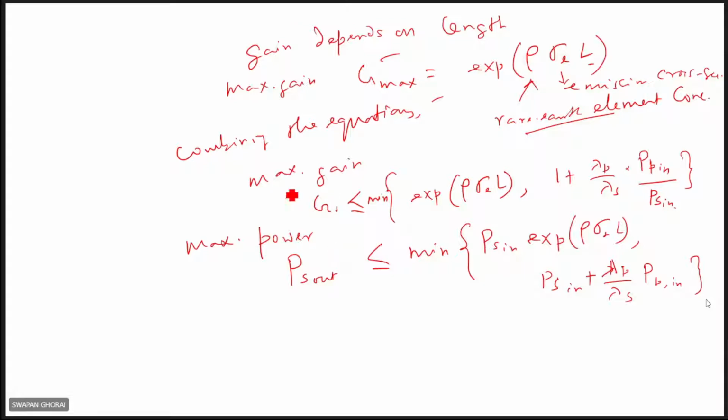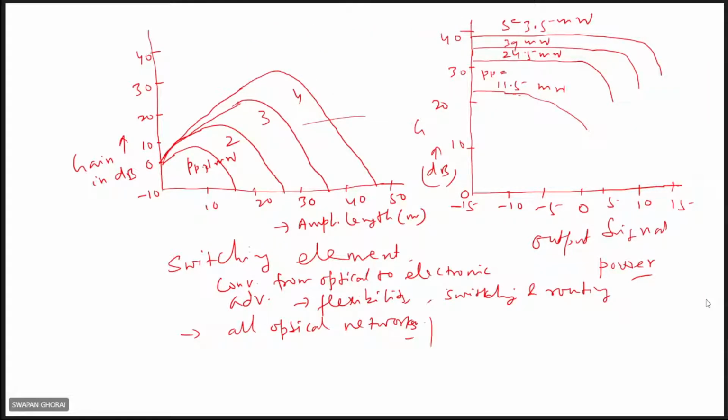So maximum gain can be achieved when you consider the minimum of these two expressions, and the corresponding maximum power will also be the minimum of these. They are the important relations while dealing with optical amplifiers. You can find this in Keiser. And if you plot gain versus amplifier length, you can see it here.